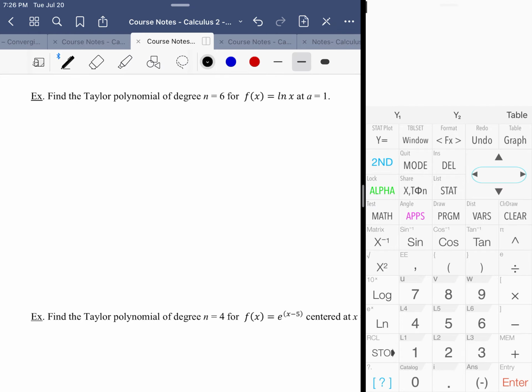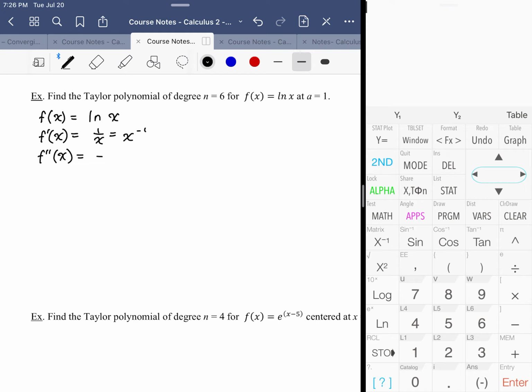So let's get our derivatives involved here. N equals 6, which means I need the sixth derivative. So f of x is ln of x, f prime of x is 1 over x, but I'm going to write that as x to the negative first.